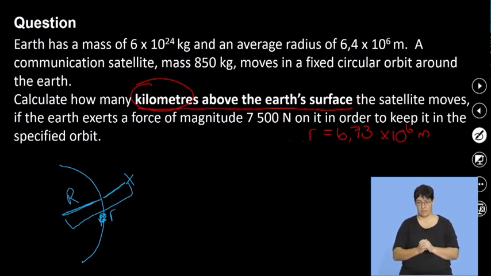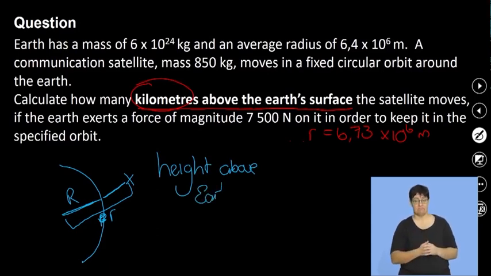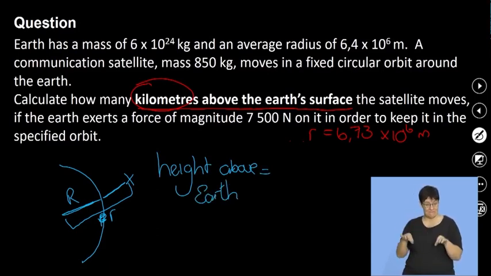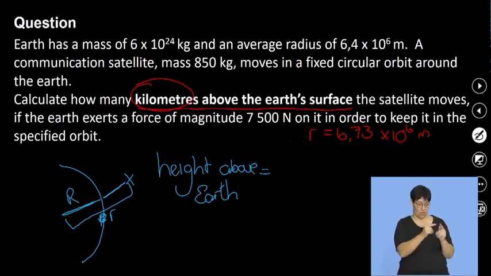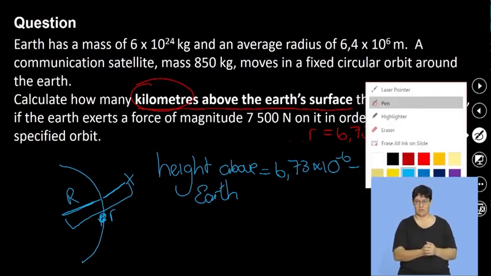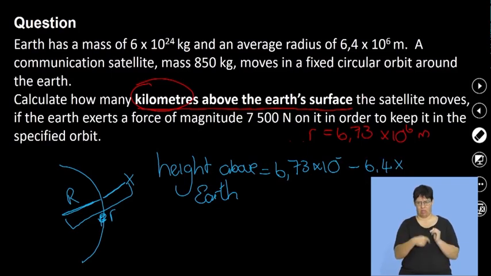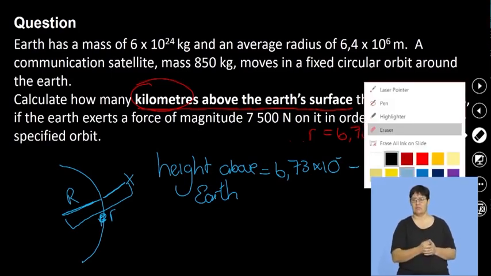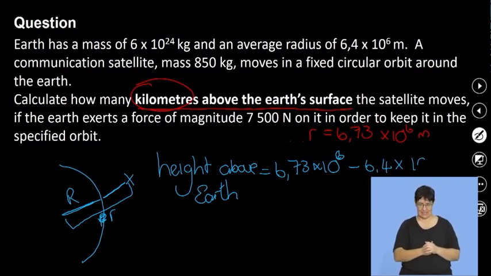So the height above the Earth is going to be that value, because that's the distance from the center of the Earth, minus the radius of the Earth. And that's not plus 6, that's got to be minus 6. Otherwise it would be somewhere in the center of the Earth. That would just make a very silly question.